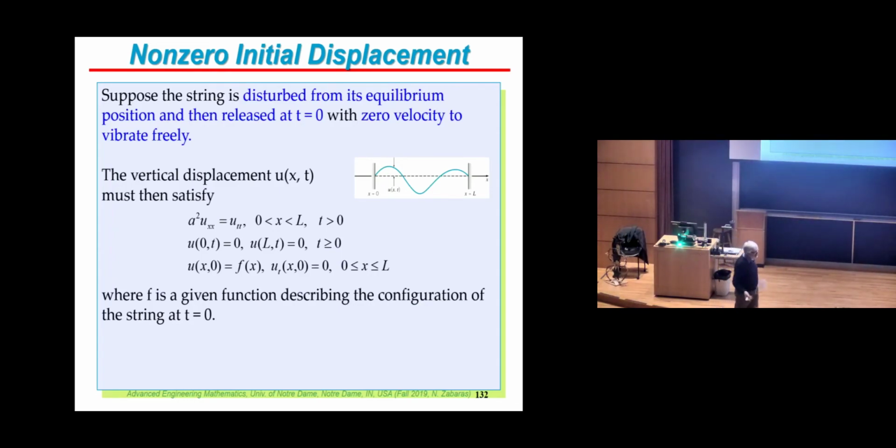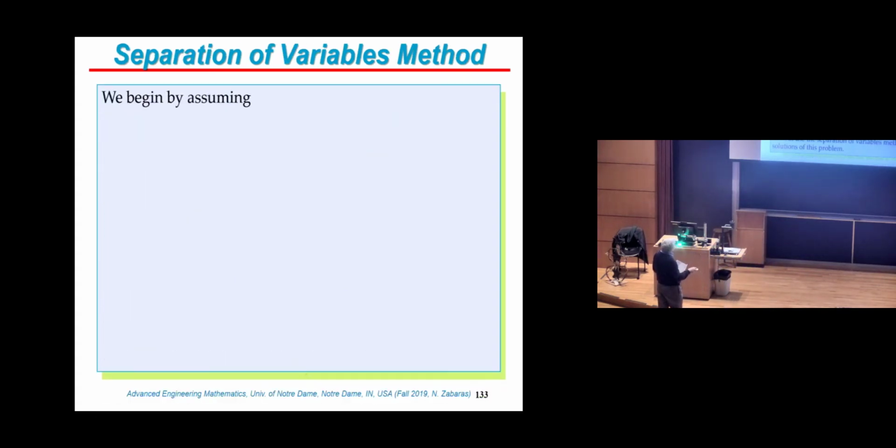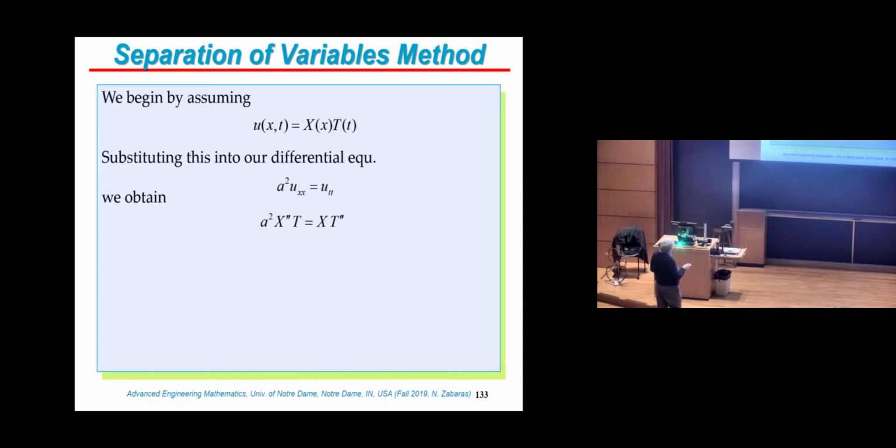So we need to solve this nice equation, and we need to figure out why we call this the wave equation, and where are the waves, all right? Everybody likes waves, okay? So we need to see where the waves are. So separation of variables, nothing fancy, keep doing what we always do.